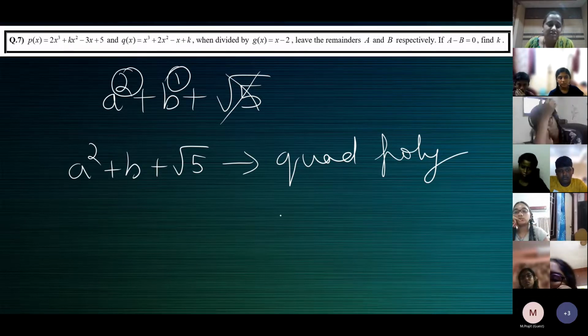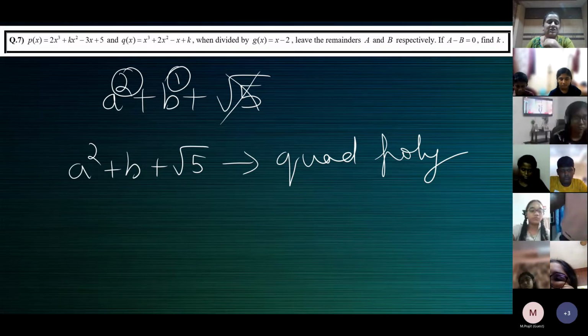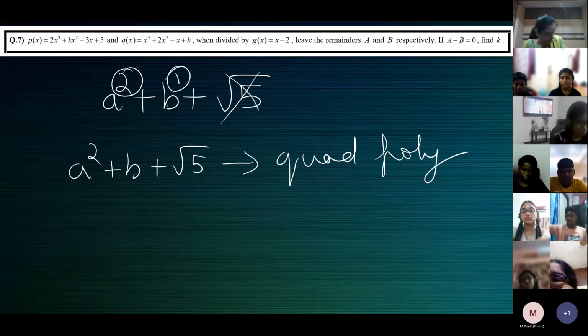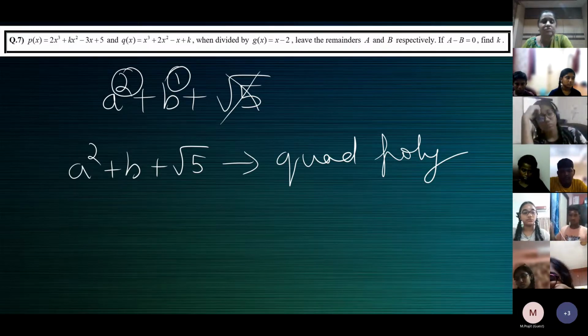And based on the number of terms, it's a trinomial. There are 3 terms.